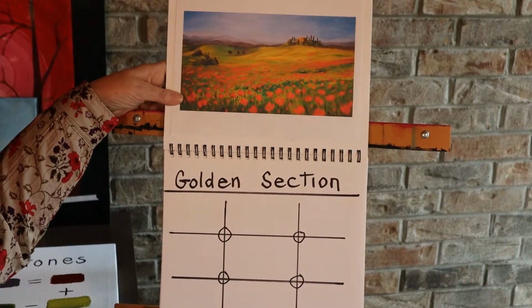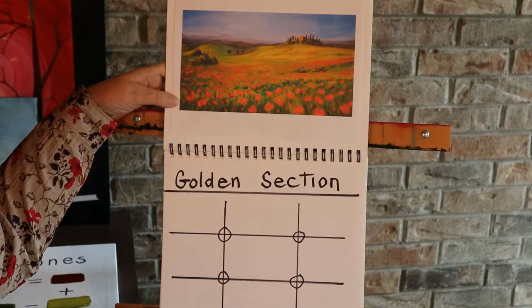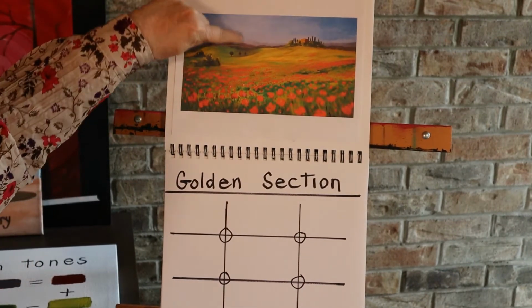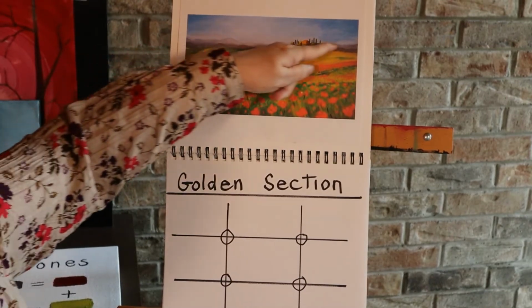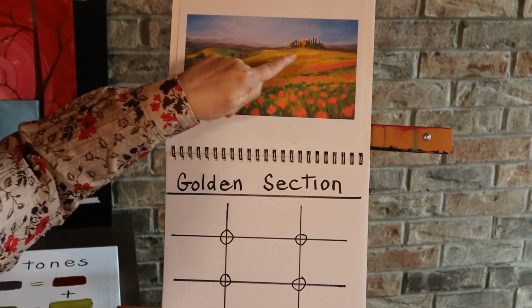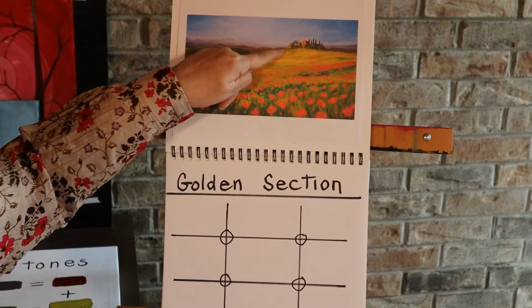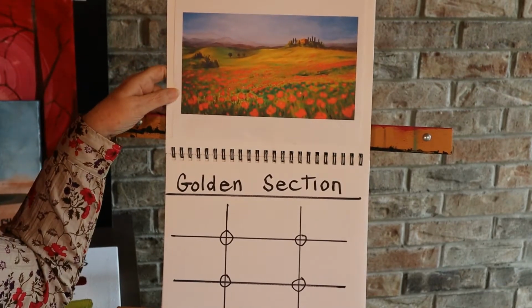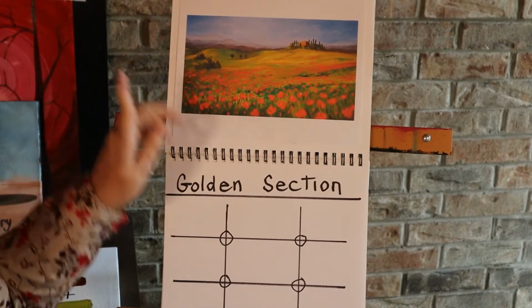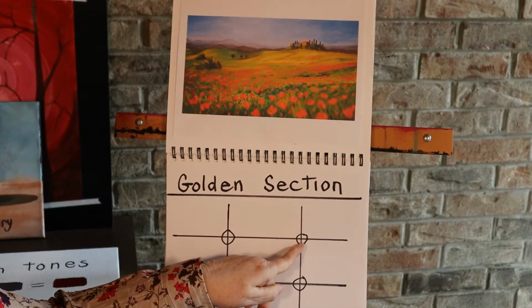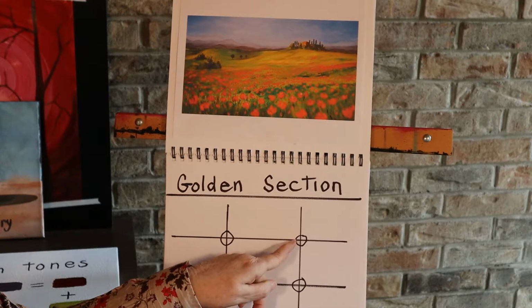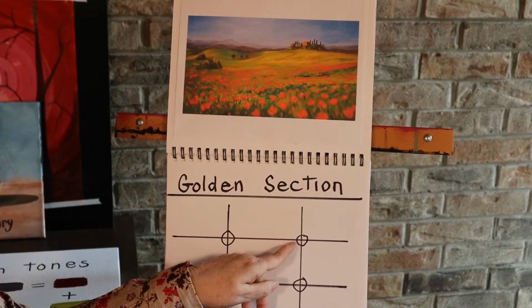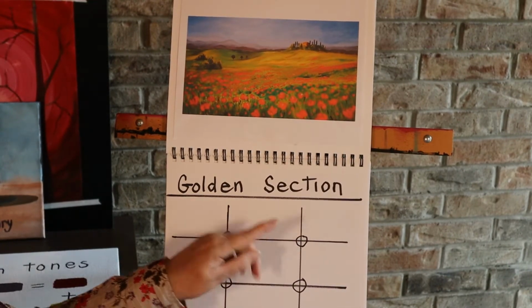And this is a sample, and I hope you can see this. If you divide this up in thirds, this way, and in thirds this way, you can see that this little group of trees with the castle is directly located on the upper right-hand corner where the lines intersect.